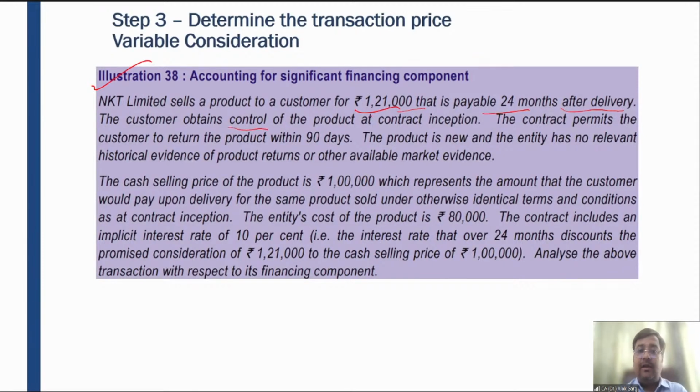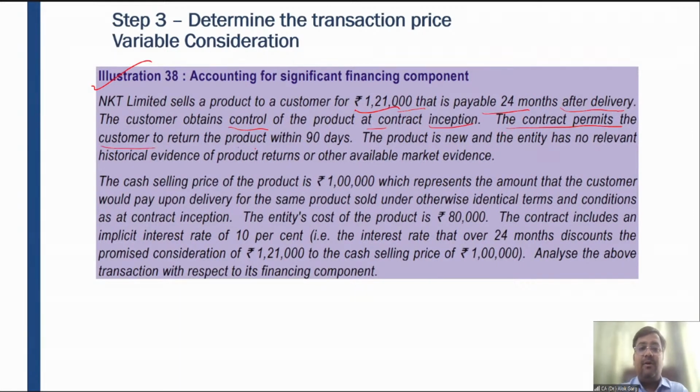The customer obtained control of the goods and services at contract inception, which means the difference between the satisfaction of the performance obligation and the payment of the consideration is more than 1 year. It means there is a significant financing component.